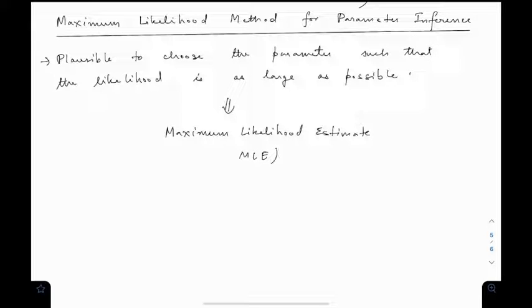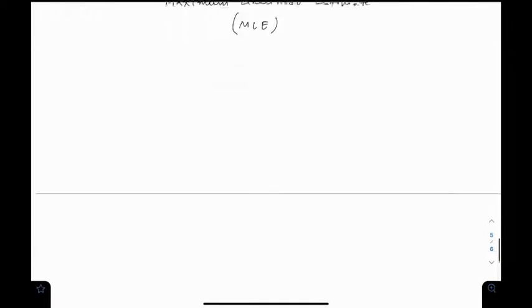So from now on we'll assume that the likelihood function is continuous and differentiable and has exactly one maximum inside the value range of the parameter. So what is the recipe for a single parameter? Let's say we have a sample of, again, n IID observations, independent and identically distributed.